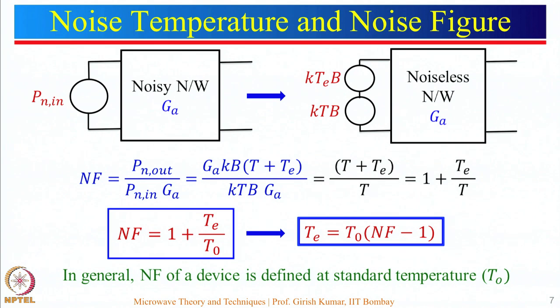So, the manufacturers define noise figure for this particular standard temperature. Now, this can be simplified further to Te equal to T0 times (Nf minus 1). Again, I want to repeat that all these Te are only there to simplify the network, as we will see in the next slide.